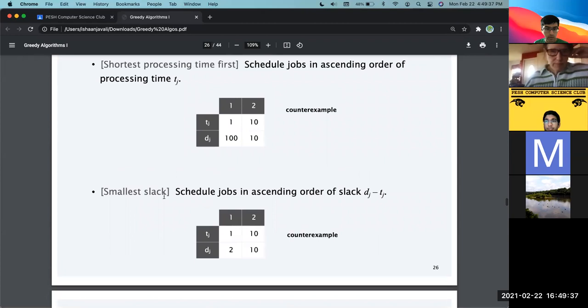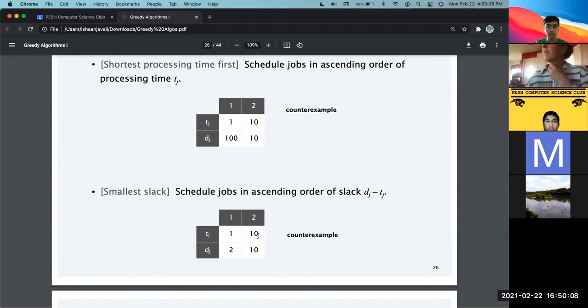And here's an example where smallest slack does not work. We have an assignment that takes 1 hour to do, and it's due at time 2. And we have an assignment that takes 10 hours to do and is due at time 10. Because job 2 has the smallest slack, if we used the smallest slack algorithm, we would do job 2 first. We'd finish it at time 10, and there's no lateness, that's fine.